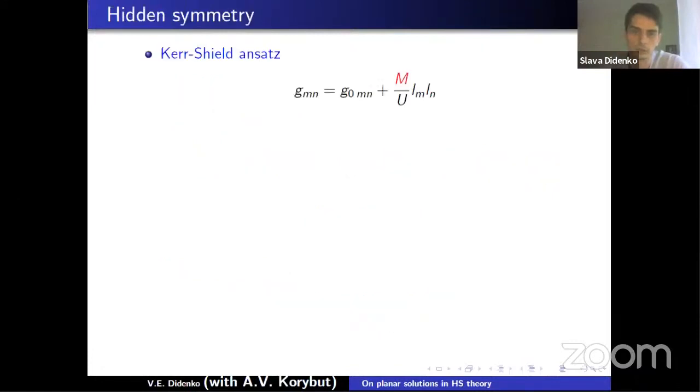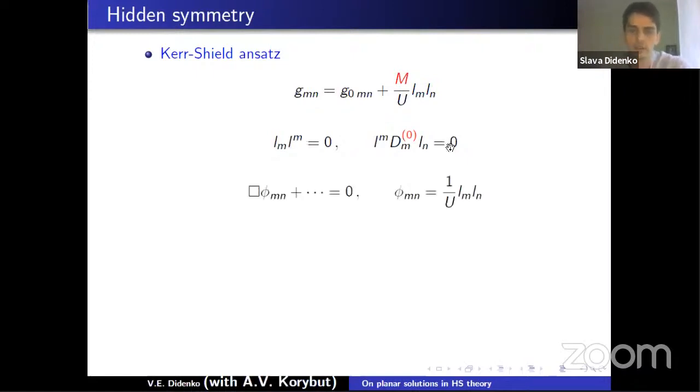And there's a way to approach this linearization through the Kerr-Schild ansatz, which Dario in his talk has shown already. So the black hole metric can be decomposed into a part which depends on the background g naught and a fluctuation part which has a degenerate form built of a light-like vector L, which is actually geodesic.